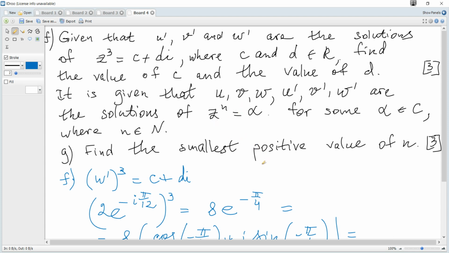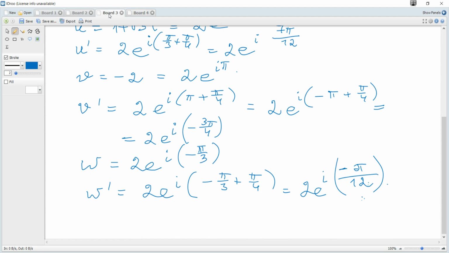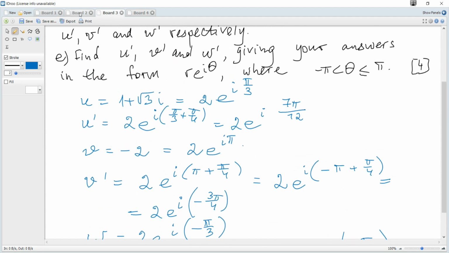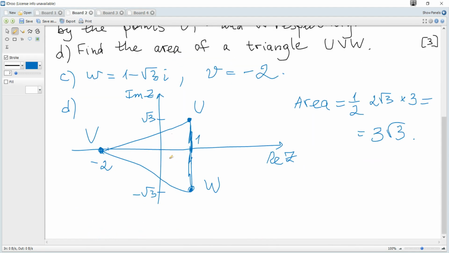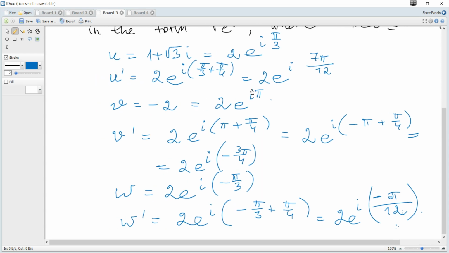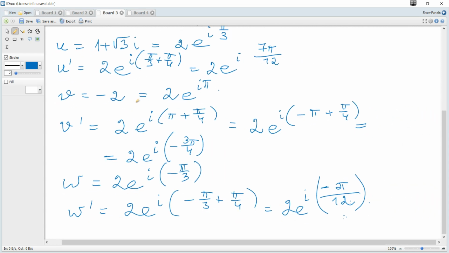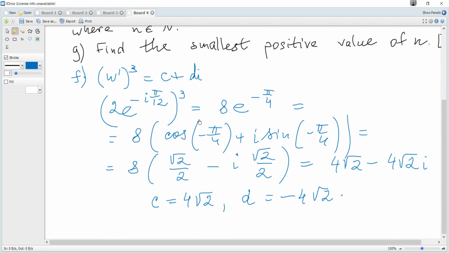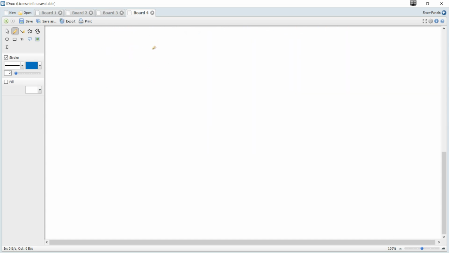Let's represent all six values on the Argand diagram. Let's do it here.